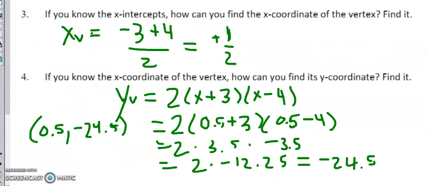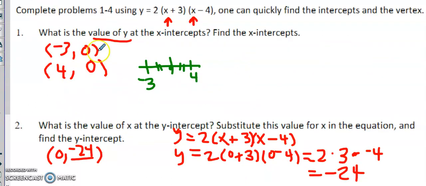If I go back to the previous problem, for example, if you'll notice that I have a 2 here, this number is going to be, oh sorry, negative 3, and here's a positive 4. So if I take 2 times the negative 3 and times the positive 4 and multiply it together, I'm going to get a negative 24 answer.